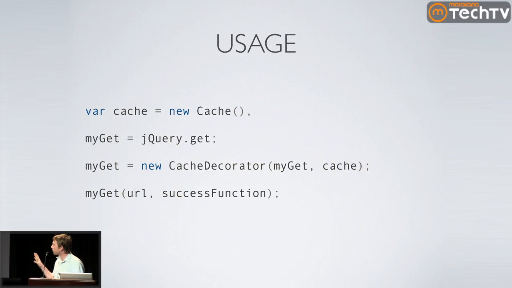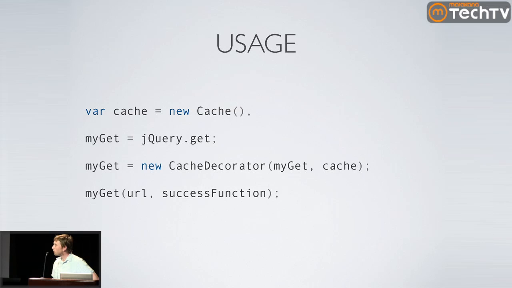It's not as pretty, but this is practically how you might implement it. We're just creating a generic cache object. Again, we're not too fussed about how it works, but it's probably local storage. Then we're taking the standard jQuery or Zepto get function, and we're passing both the jQuery function and the cache object into this cache decorator constructor.